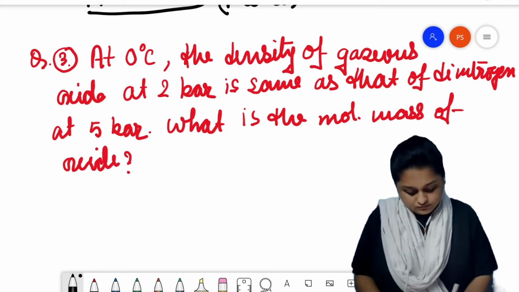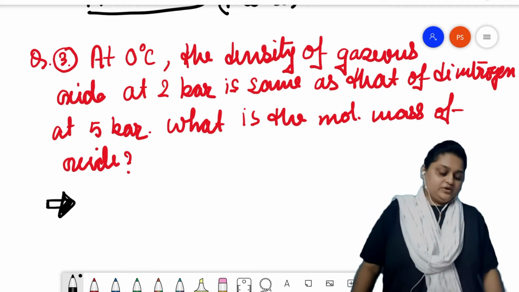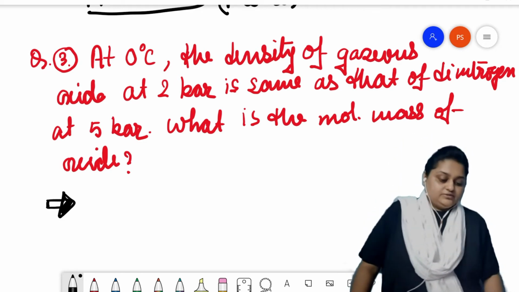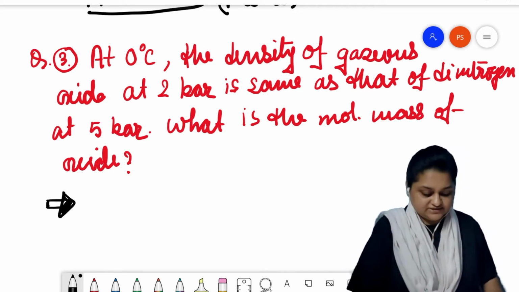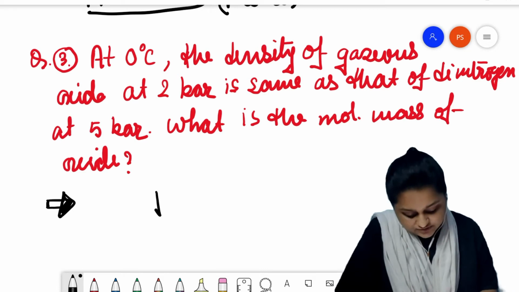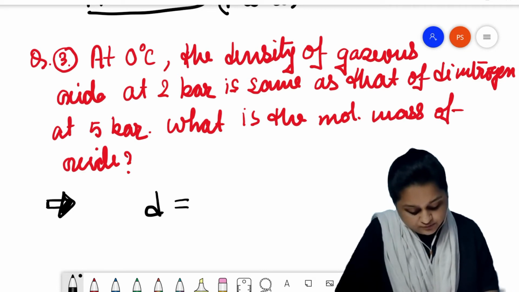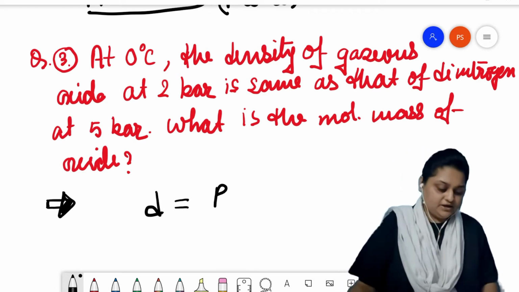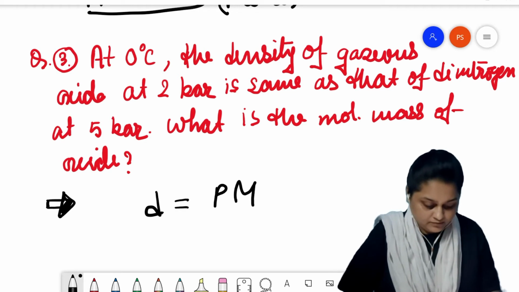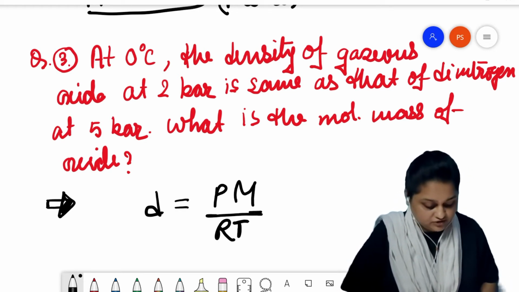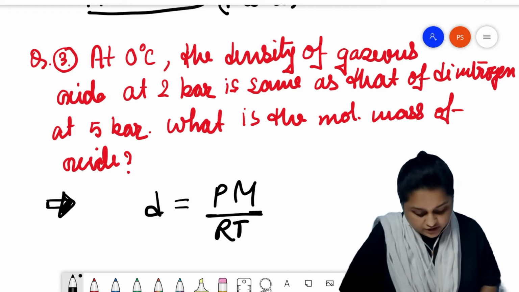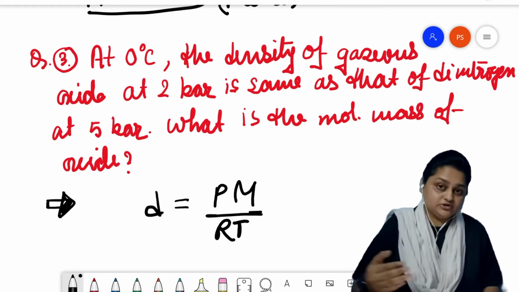Now, according to the question, the density of both the gases is same. So, we can use this formula d equals PM by RT. We can use this formula to determine the molecular mass of the oxide.